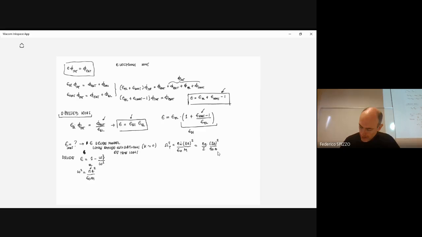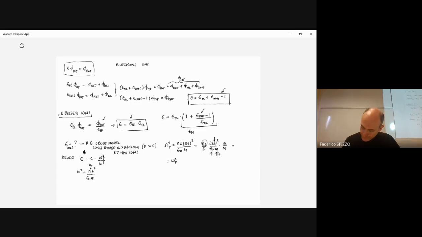So we may multiply and divide everything by the electron mass. So at this point, we have the electronic density, we have the square of the charge here, ε0 and m are the plasma frequency value that we obtain for electrons.